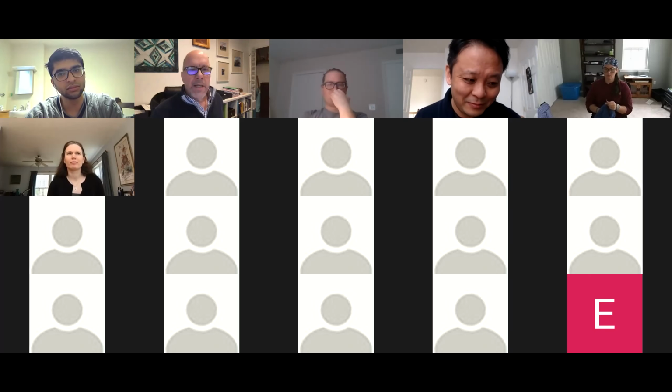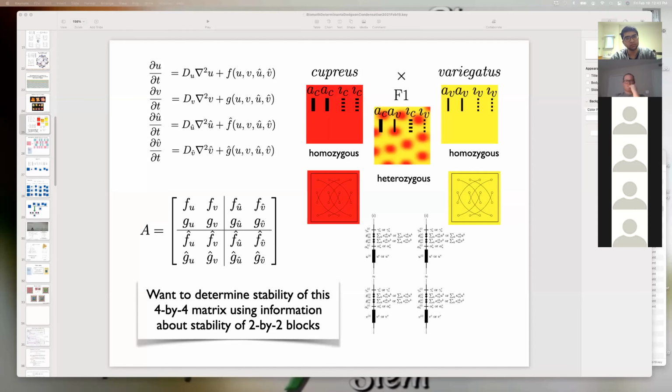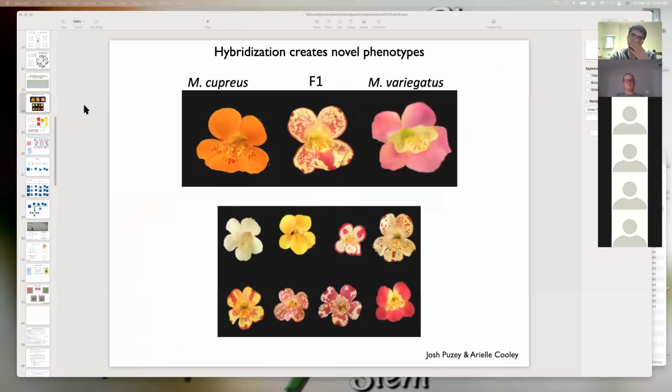Yeah, so the cupreus and the variegatus strains here are not as patterned as in F1, but they sort of have different anthocyanin levels.